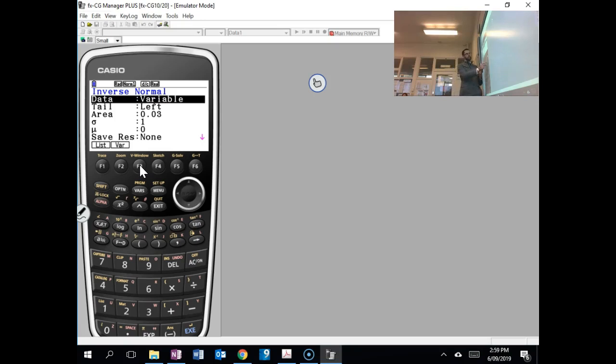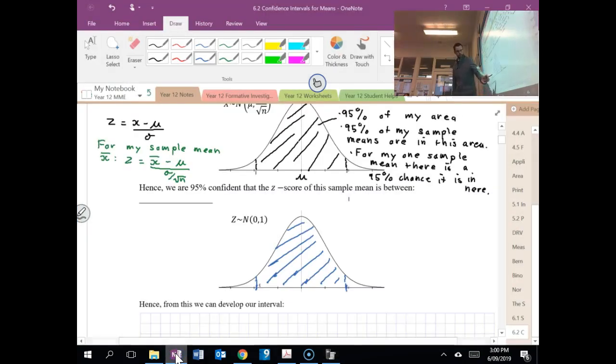But instead of having our tail as left or right, there's a third option which is central, which means that we want our area centered on the mean and an equal distance either side of our mean. So the area is 95% or 0.95. And we're working in the Z distribution, so it's got a standard deviation of 1 and a mean of 0. So what are my two values on either side of 0 that give me my 95% area?